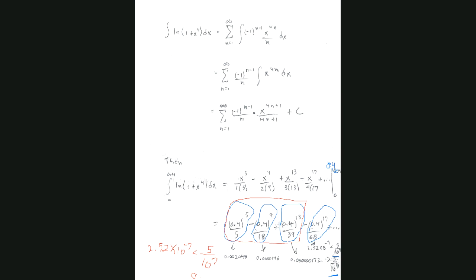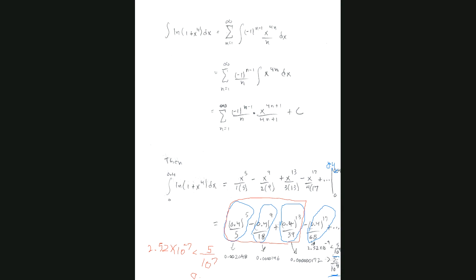I think actually, well, this is what the solution in the book had, but I think the solution in the book is actually not correct. Let me check one thing here. I'm thinking that we only need maybe the first 2 terms of the series, because the 0.4 to the 13th power over 39, let me just see here.